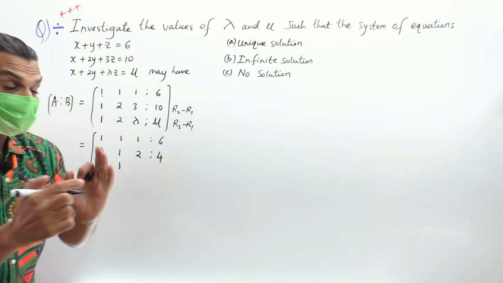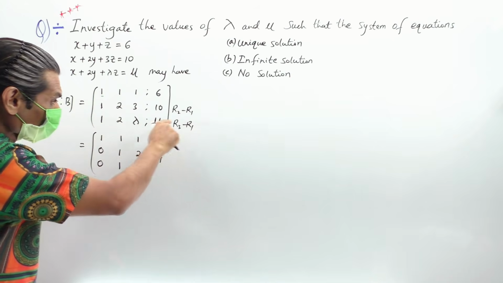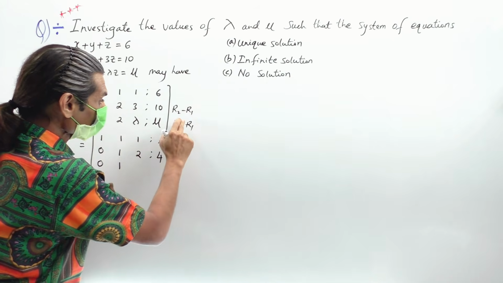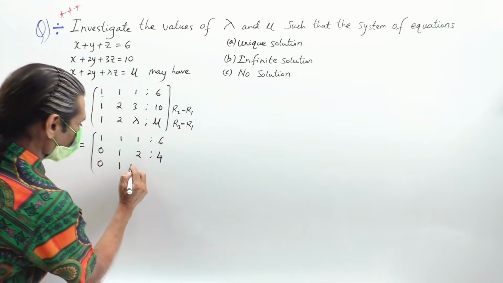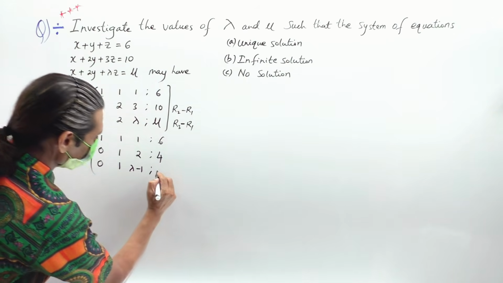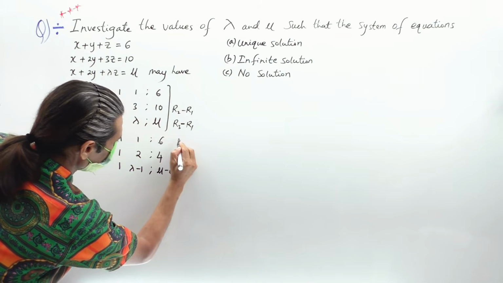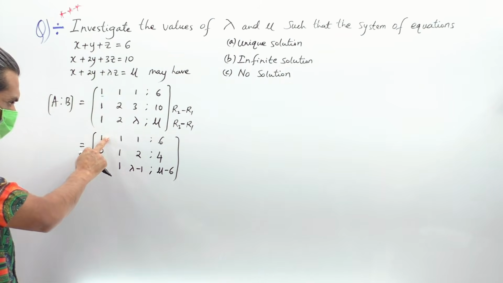Now here, there is lambda, so the operation remains the same. We are operating the whole row by R3 minus R1, correct? So what is that? Lambda minus 1. And lastly, this is mu minus 6. Okay, done. Below the first one is 0.